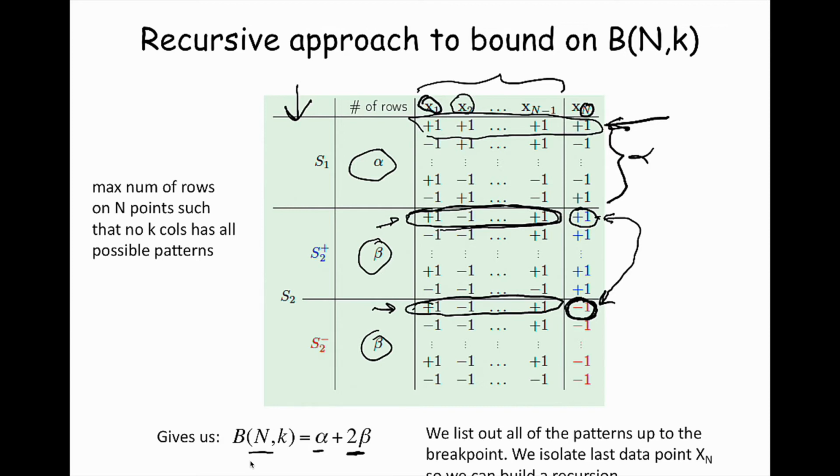But nonetheless, this is how we're going to arrange them, and we're going to use the bounds on the max number of dichotomies given a data set of size n and a breakpoint k to show how big the entries can get, how many entries we can have. So this gives us an expression for B(n,k), and B(n,k), by this definition and this grouping, is alpha plus 2 beta.